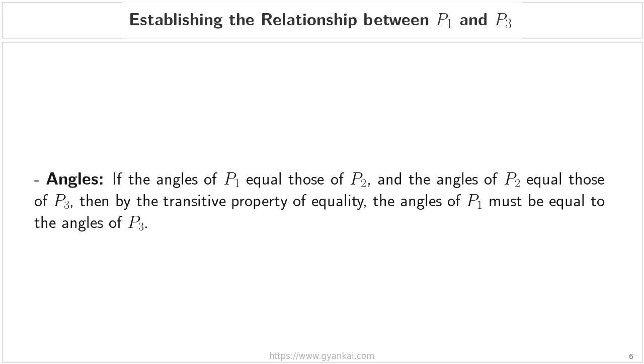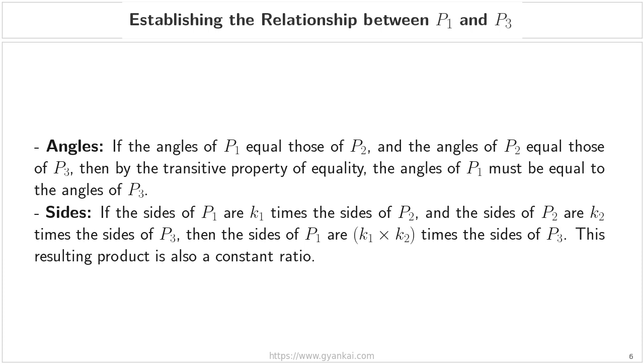Because of the transitive property of equality, which you might remember from our earlier lessons on basic algebra, if the first set equals the second, and the second equals the third, then the angles of polygon P1 must, without a doubt, be equal to the angles of polygon P3.